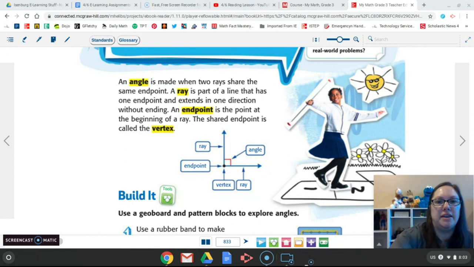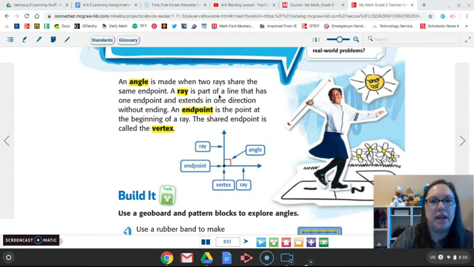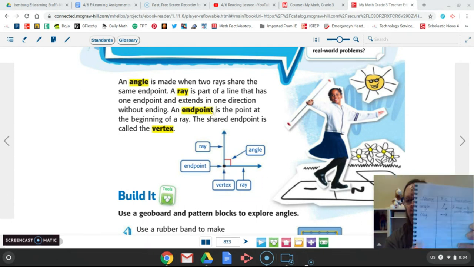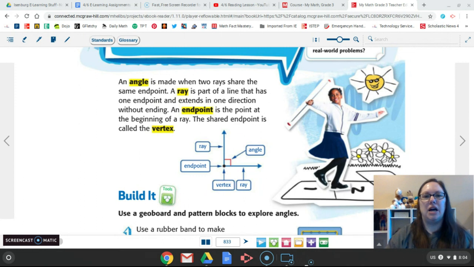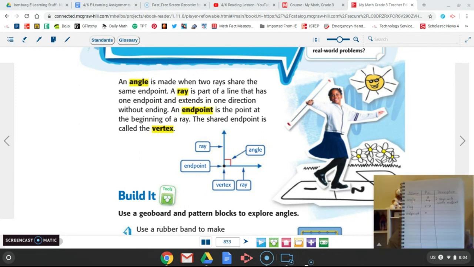Okay, and you can write down this part right here, part of a line that has one end point and extends in one direction. All right, and then an end point is the point that a ray starts at. So it's the part of a figure that literally looks like kind of like a little period. Okay, that's the end point. So you might want to write down end point. Draw a little dot.